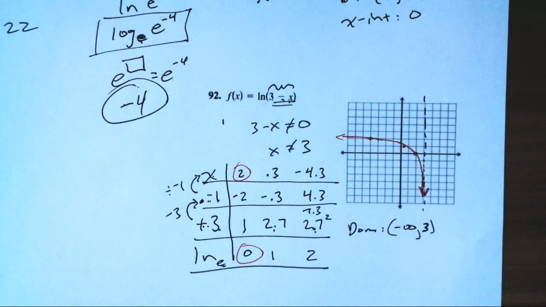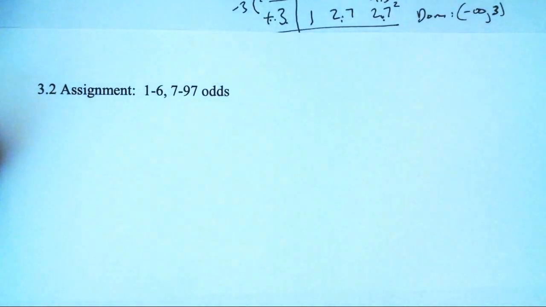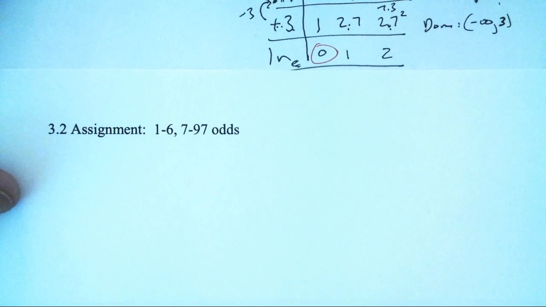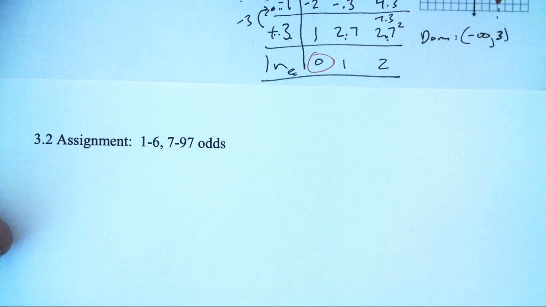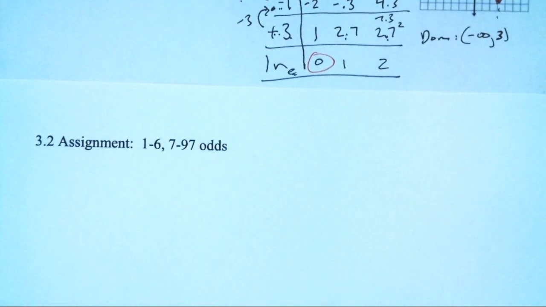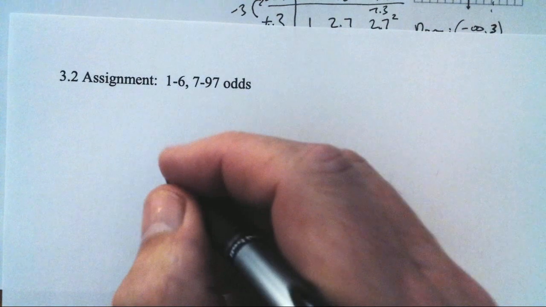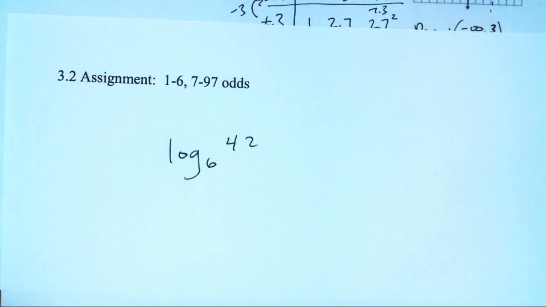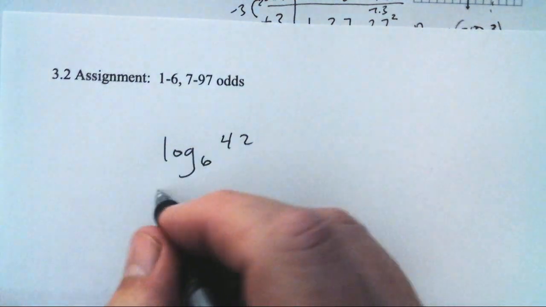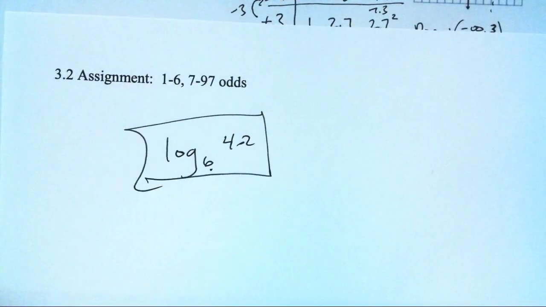All righty. And our 3-2 assignment is right here. I expect that we're going to get a lot of that hammered out in class time, but this one's going to take a bit of time. For a lot of people, logarithms take a while to understand, but every time you see a logarithm, let's say log base 6 of 42, you're going to say this is the exponent that would turn 6 into 42.